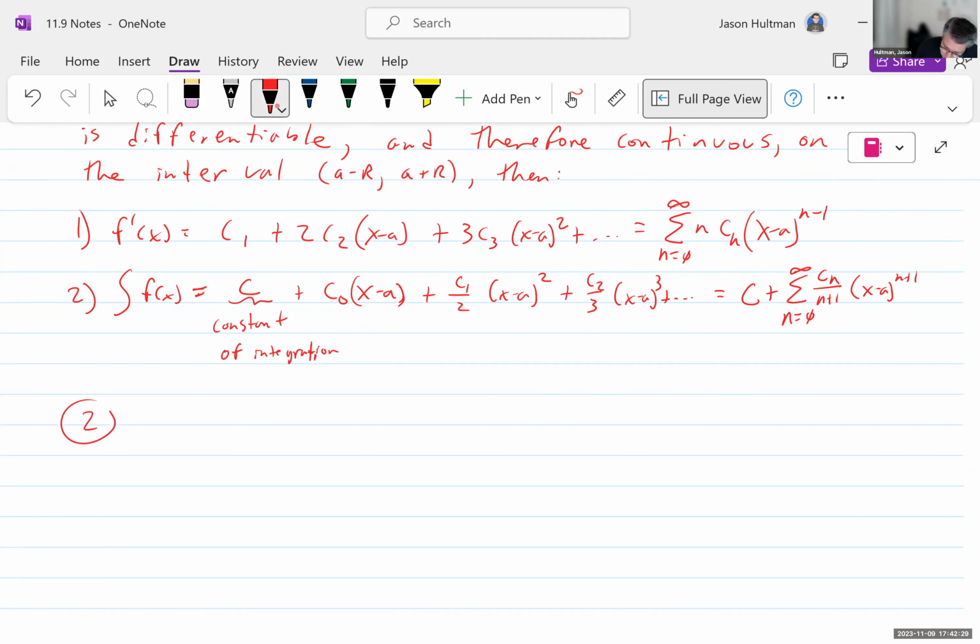Let's use this idea to get this guy here. Express 1 over (1 minus x) squared as a power series.